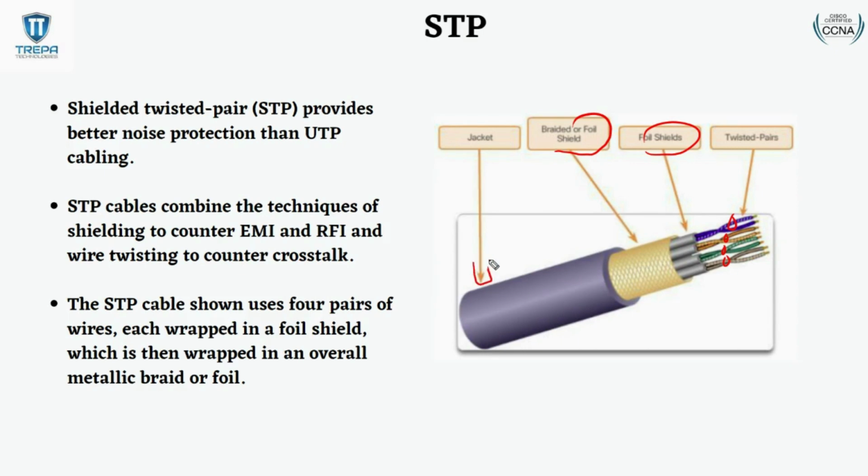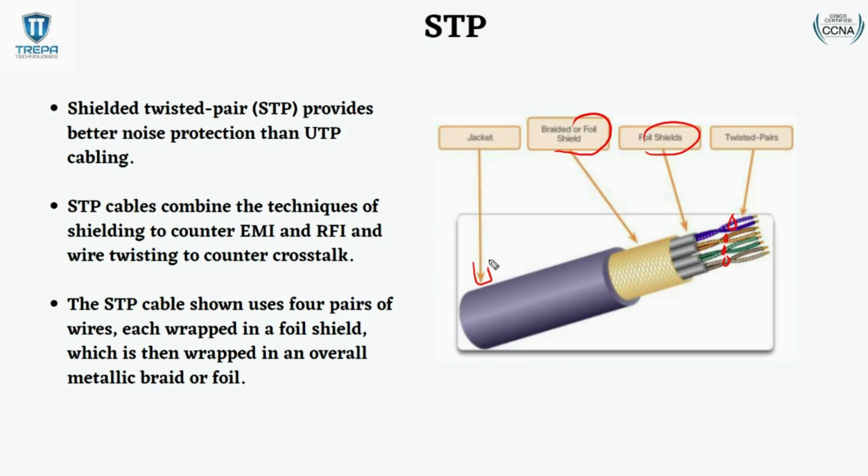And then, of course, you have the jacket, which is something you also have on UTP. But STP is going to be a lot safer to use. And what do we mean by that, right? STP cables have shielding to counter EMI, electromagnetic interference, and radio frequency interference.